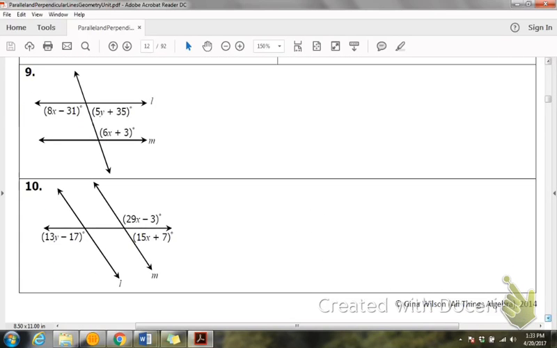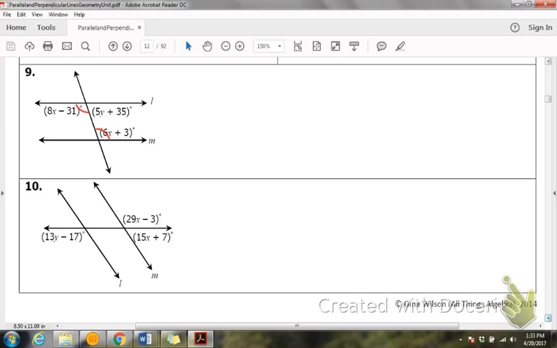So in number 9, I have x's and y's. You guys see that? X's and y's. So we can't put x's and y's in the same equation together. So we first need to deal with, we have two x expressions. I have this one and this one. Okay, so what kind of angles are the ones with x? What kind are those? Not corresponding.